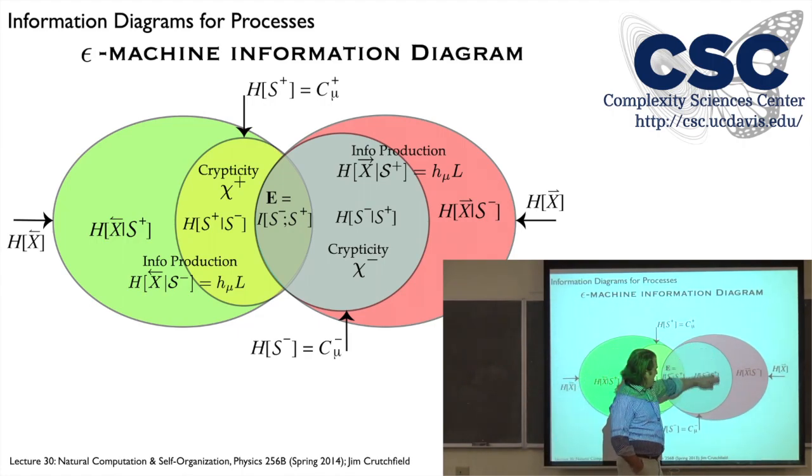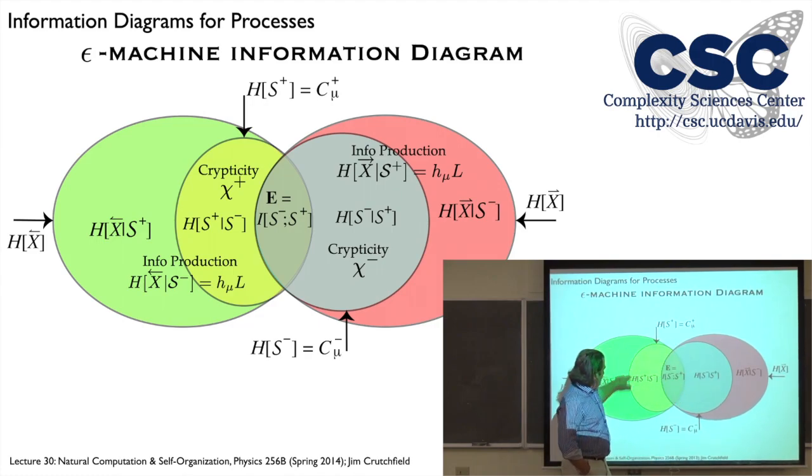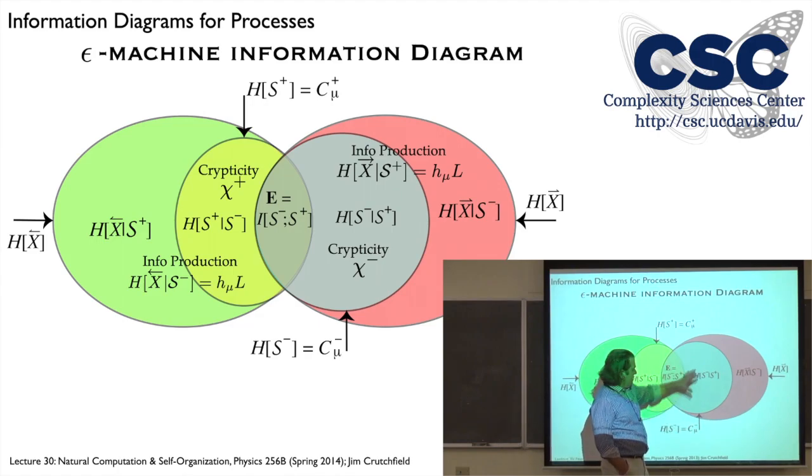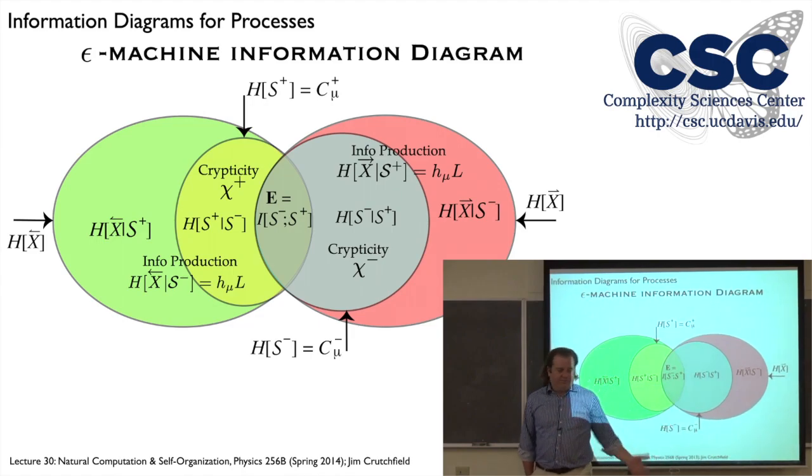We had our state complexity, which we calculate directly from the forward machine or from the reverse machine. That information also has to overlap and capture E.